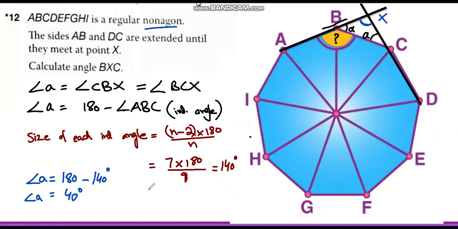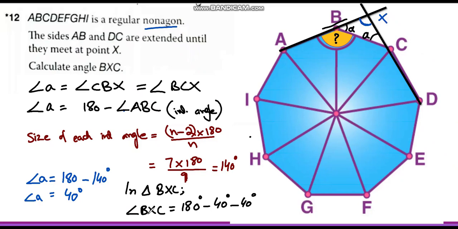So in triangle BXC, for the angle BXC, we can subtract the given angles from 180. So 180 degrees minus 40 degrees minus 40 degrees, because each base angle is the same in size. So in total, it will be 100 degrees. So the size of BXC is 100 degrees. Let's proceed to the next question.